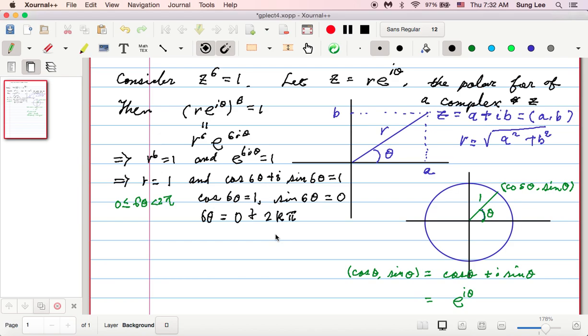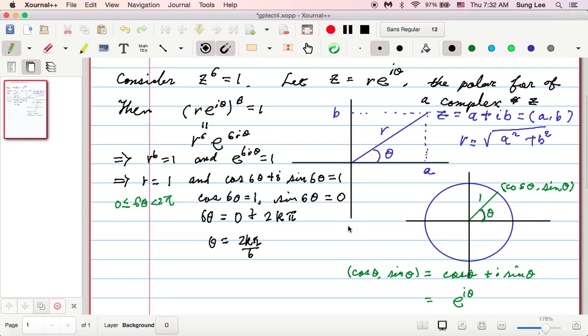So theta is going to be, if you divide each side by 6, 2k pi over 6.